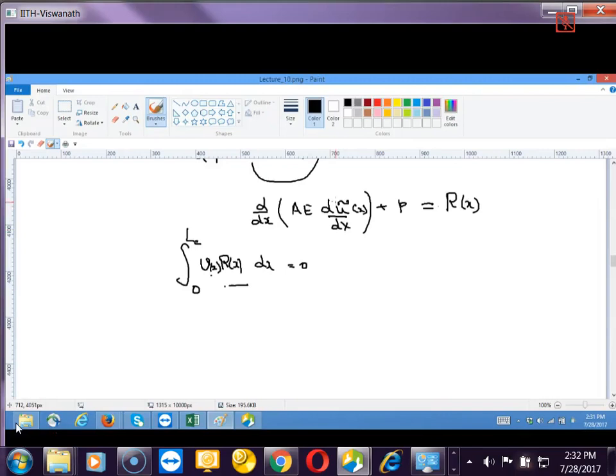Okay. So making use of this, let's assume our u tilde to be x times a, or you can even write it as N times nodal values, where N would be x into A inverse, which we also discussed earlier.